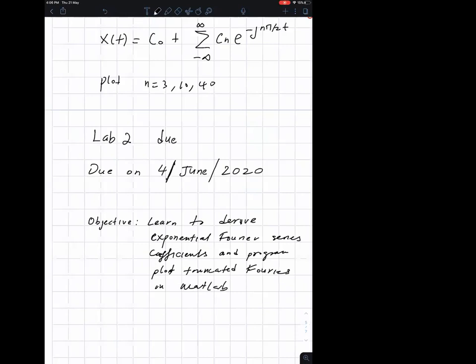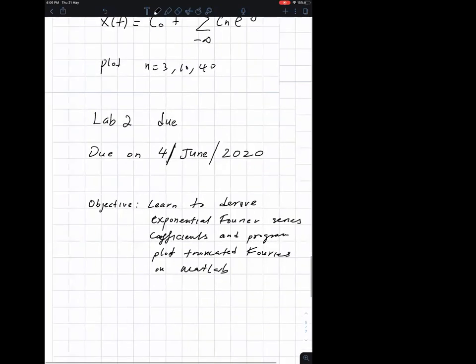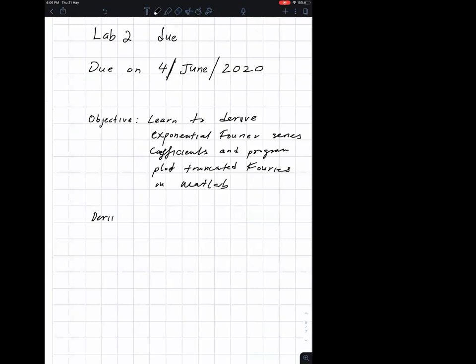I don't want too many things, nothing too fancy. Then you put in the derivation, your calculation of x(t), with a nice diagram.